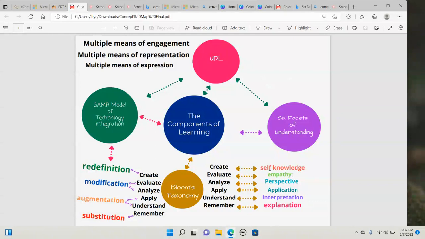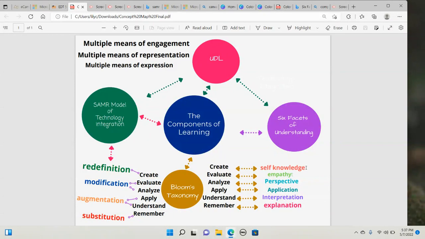So the six facets to me represent factors that lend to true understanding. It's not based on what students are able to do, but it helps us gauge where learners are in the learning process. What level of understanding are they at? It's different from Bloom's, I think, because it's possible to show understanding in two or three different facets.